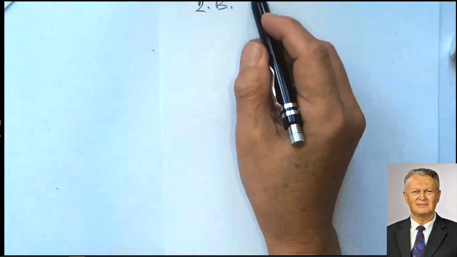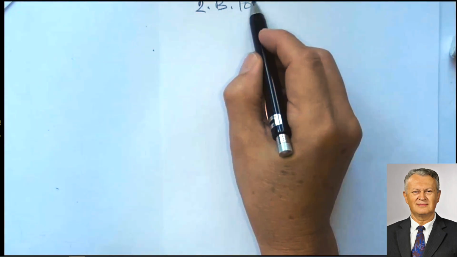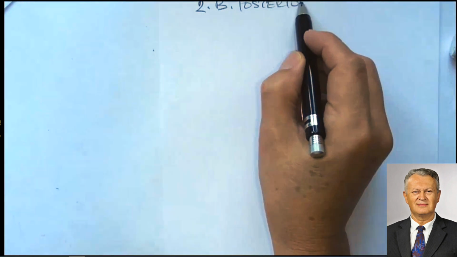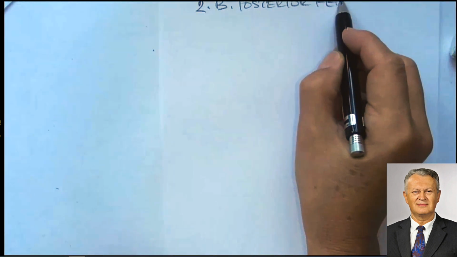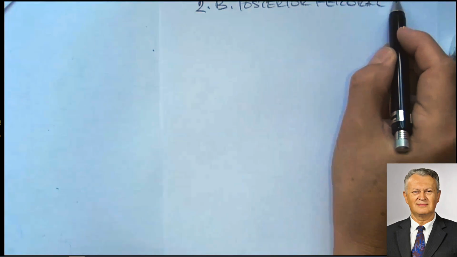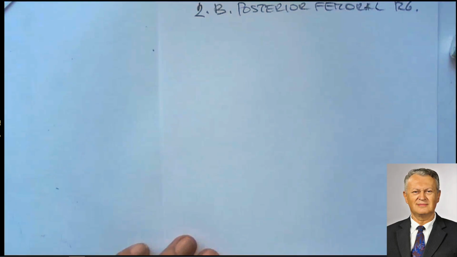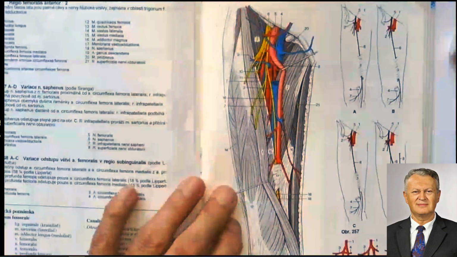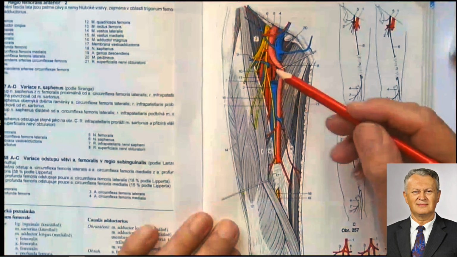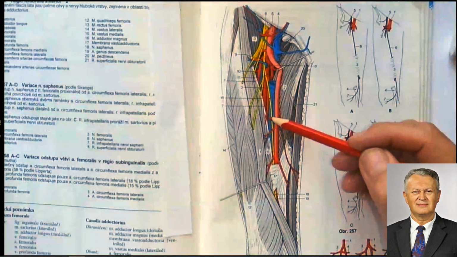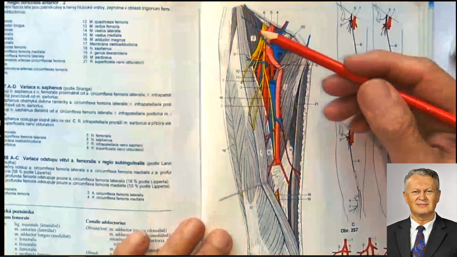2B shows the posterior femoral region. We remember that the posterior femoral region is, we said, not so complicated. Again, some diagrams. First of all, this was what we mentioned concerning the passage of the larger vessels from the trigone.